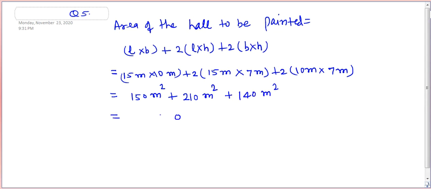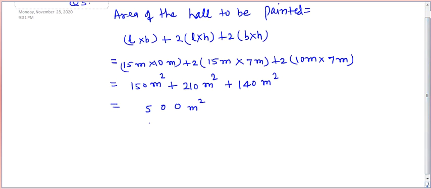Okay, we have 0, then 4 plus 1 is 5, 5 plus 5 is 10, 1 carry, 2 plus 4 plus 5. So the total surface area to be painted is 500 square meter. Now we have to find the number of cans.